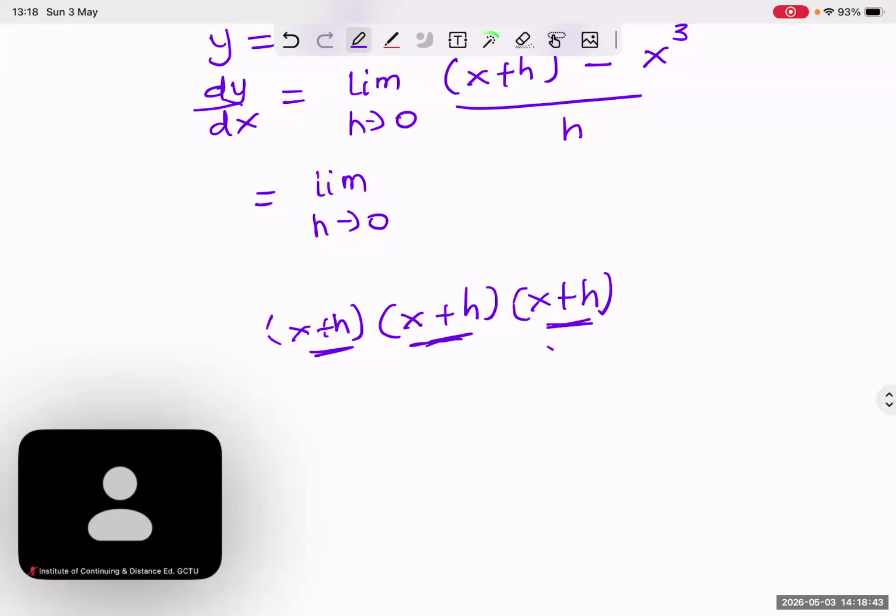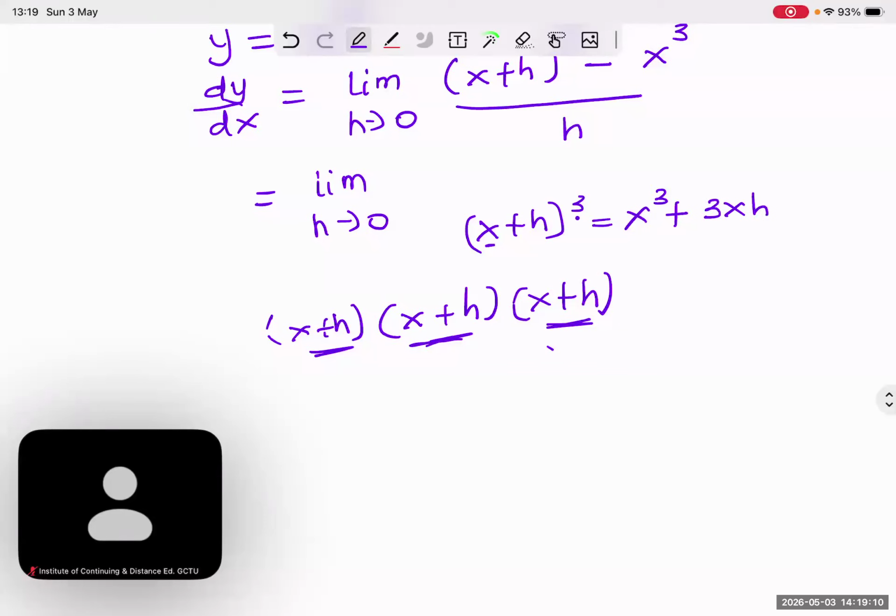However, we can also use a shortcut, which is Pascal's triangle. And using Pascal's triangle, x plus h all cubed will be equal to, you cube the first term, and that is x cubed, plus multiply the exponent by both x and the h, so 3x and h.